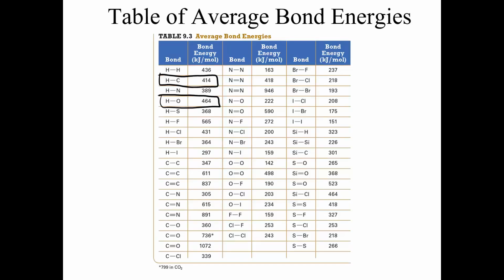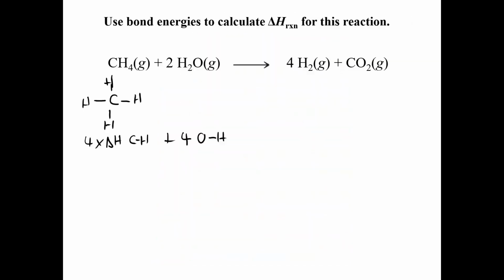So we add that up: 4 times 414 plus 4 times 464 kilojoules. I should not leave those units out. That gives me a total of 3,512 kilojoules to break it, right?